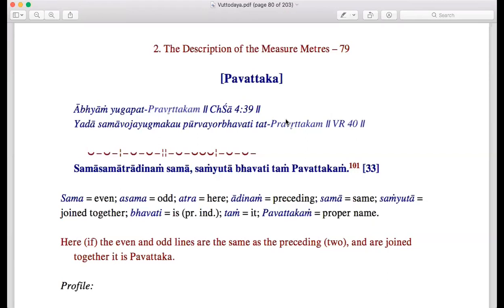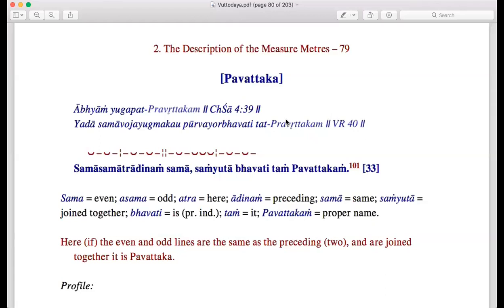Bante, can we go back to that translation? If you say that the sama refers to the odd and even lines of the previous verses, then how should we connect that to the word sama? It's the same. Odd and even lines of the previous verses are sama; we can simply translate it to English as equally.